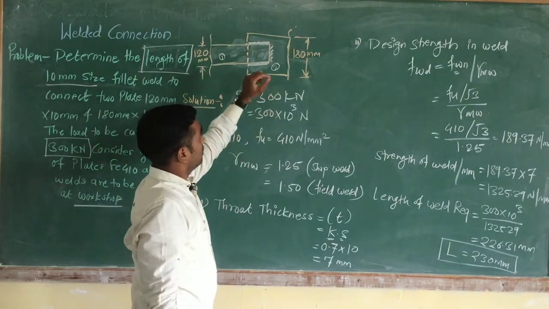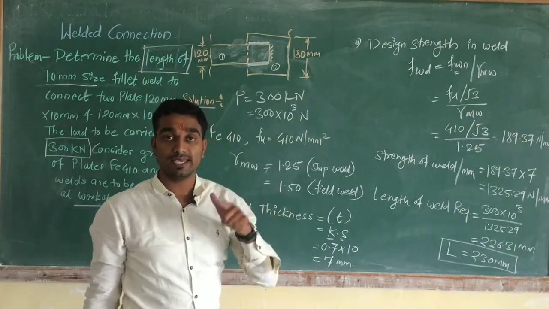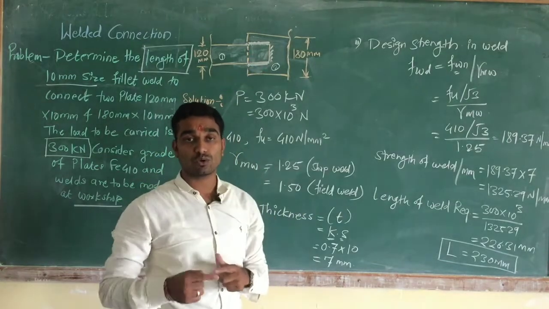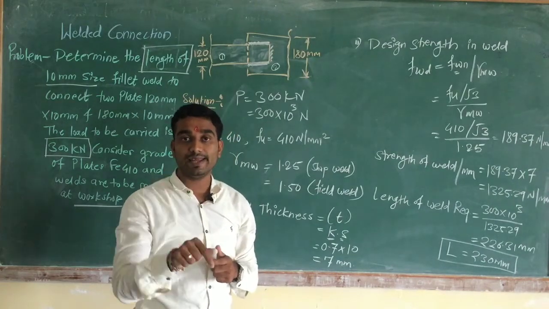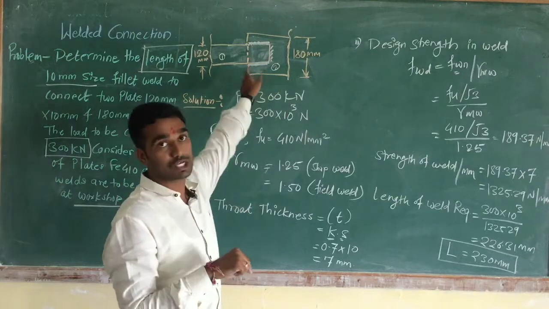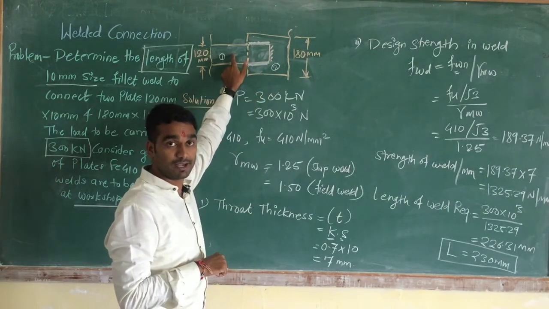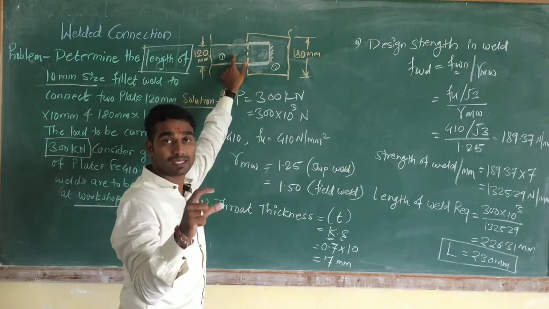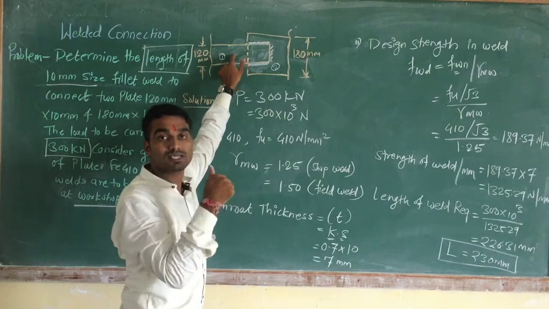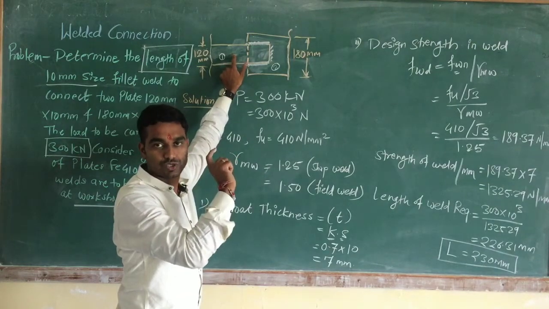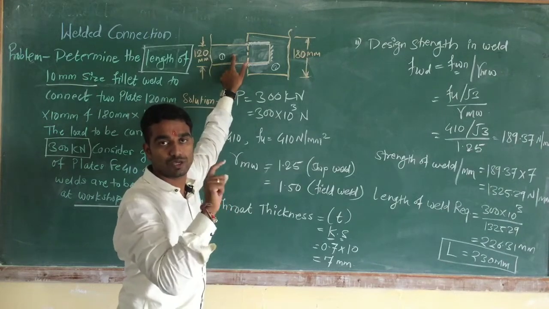Because a very important criterion in providing this welding length is that we have to coincide the CG of the welding with the CG of the section. This is the section along which we have to provide the welding.